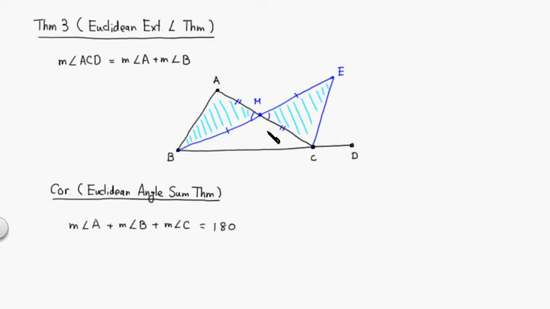Right? So we got that. Alright, then we can say angle A is congruent to angle ACE. Right? Because they're corresponding parts of congruent figures.